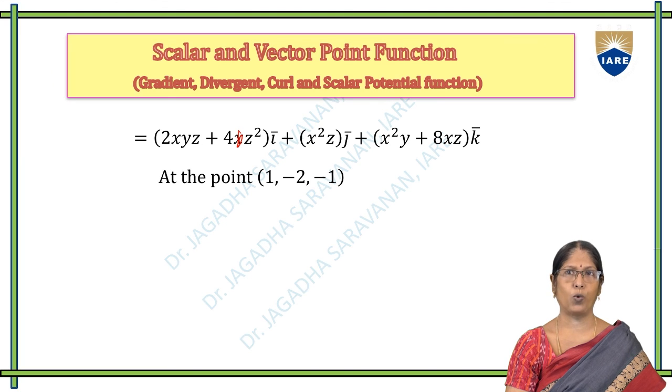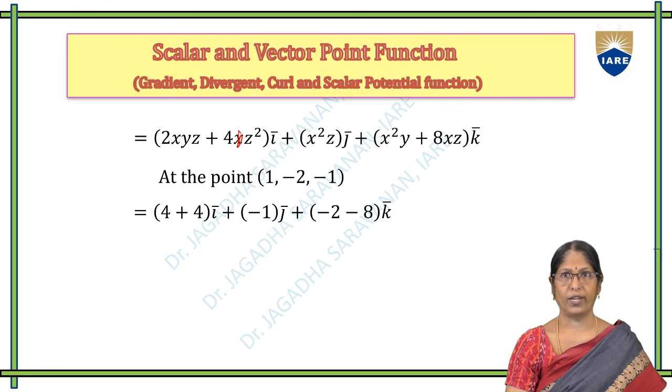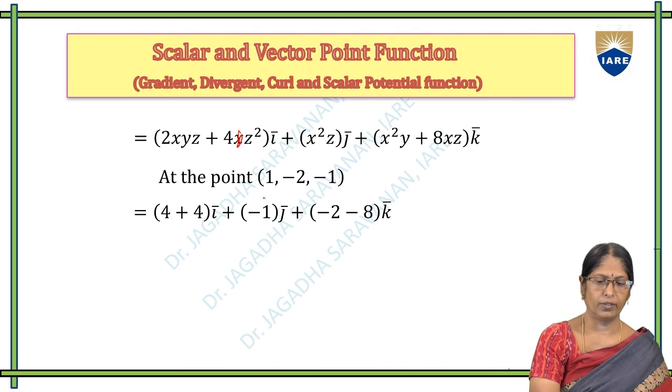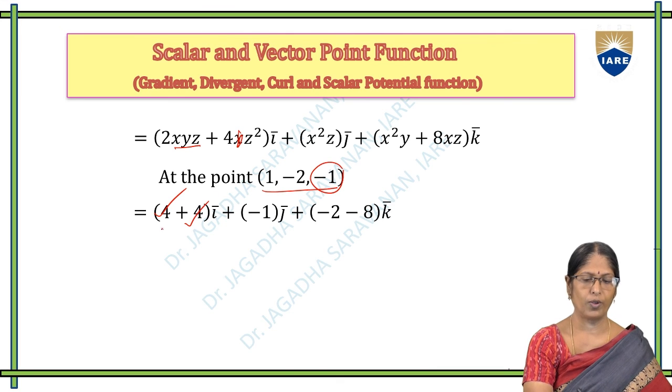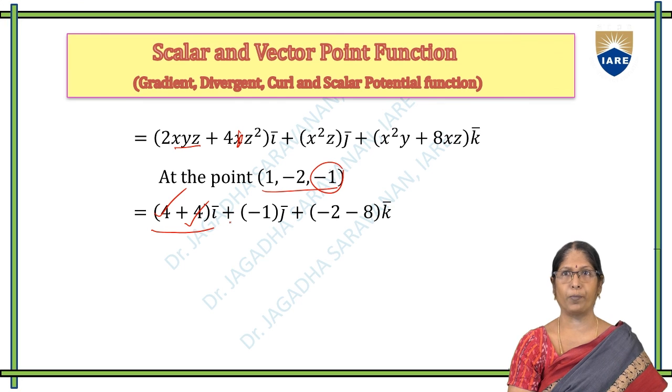So at the point 1 comma minus 2 comma minus 1, we are substituting at the particular places. Here x, y, z multiplied together with the 2 that already exists gives 4. So 4z square, with minus 1 squared, becomes plus 4. So totally 8i we obtained.